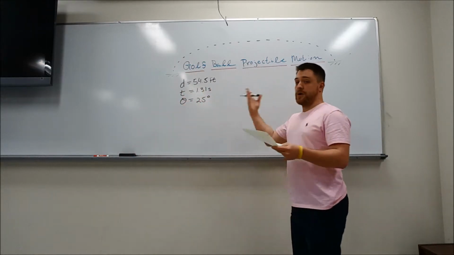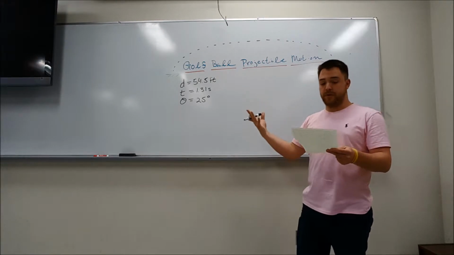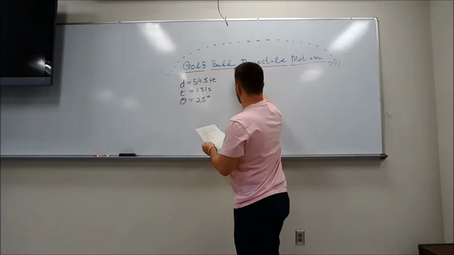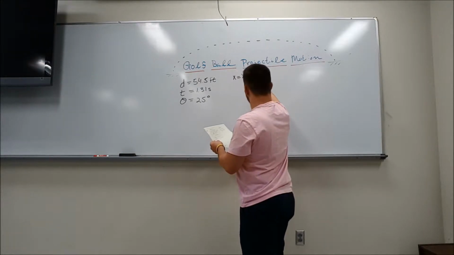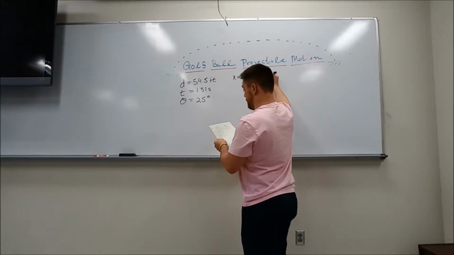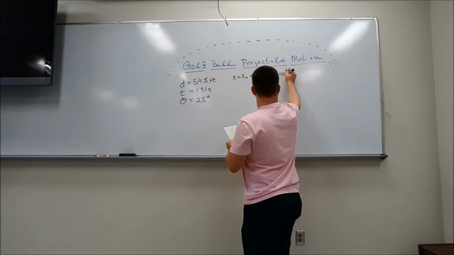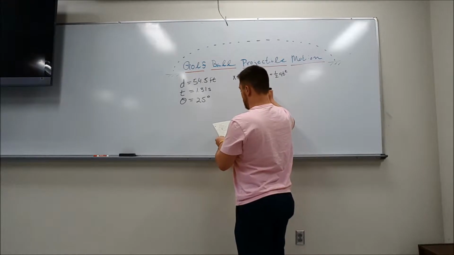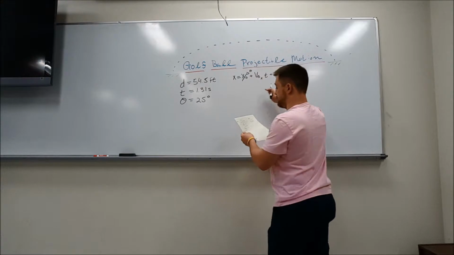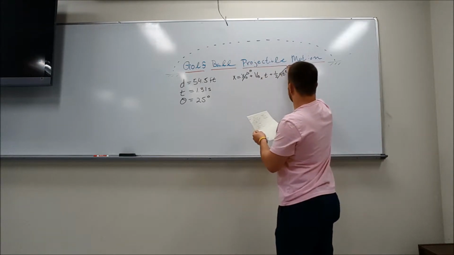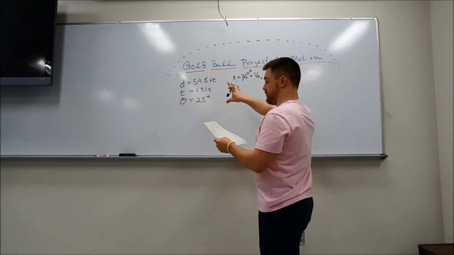We were able to use a constant acceleration equation because gravity was all we had for the projectile motion. So what we started off with was finding the initial velocity in the x direction using this equation. The initial x position goes to 0, and all of this goes to 0 because there is no acceleration in the x direction.